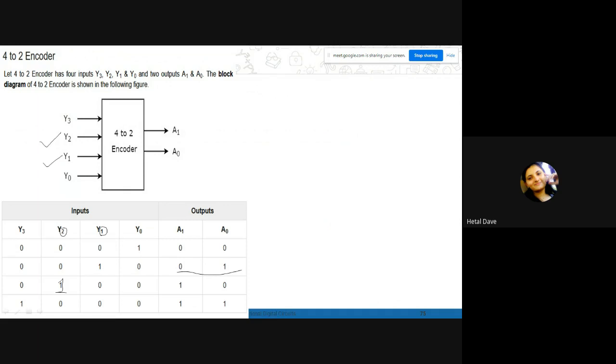It will give a coding pattern depending on the input. If the 0th switch is pressed, then 0, 0. If the first switch is pressed, then 0, 1. Let's say your encoder is 8 cross 3: 8 inputs, 3 outputs. Still a similar circuit will be there, like mux and demux.